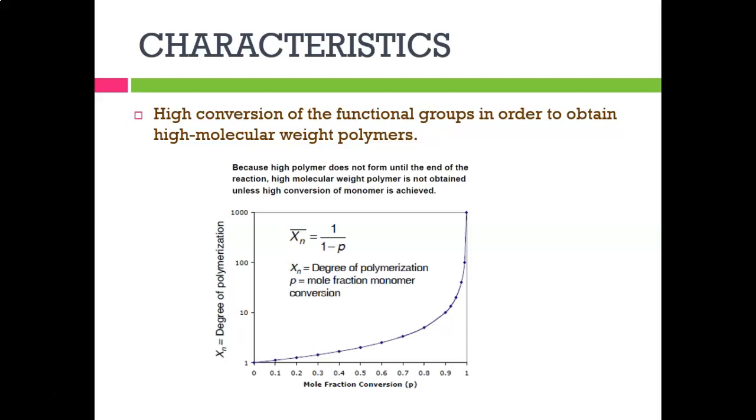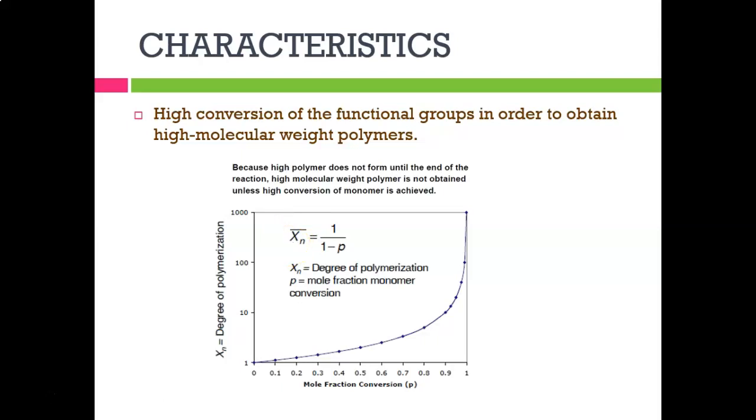This is the graph for the mole fraction conversion. P is the conversion, and Xn is the degree of polymerization. P is also known as the mole fraction monomer conversion, so we have many definitions for P. Xn is given by 1 over 1 minus P, where Xn is the degree of polymerization.